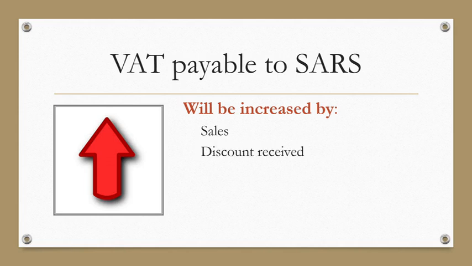Discount received. When we bought on credit, we claimed back the input VAT. But then we receive discount from our creditors, so we owe the VAT on that discount again to SARS. The same with returns to creditors and then bad debts recovered. I will show you the reasoning when we get to the next one.